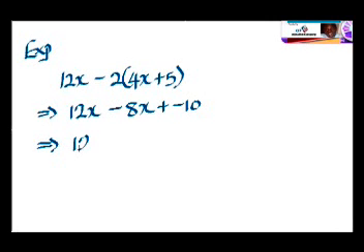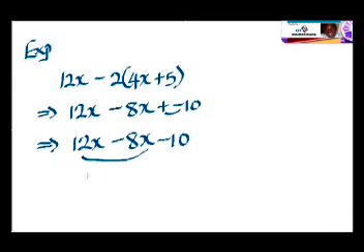We have 12x minus 8x. Now plus minus, two signs that you need to resolve. They don't go attached together. You don't always work with two signs that are attached together, so you have to resolve that, and it becomes minus plus is minus, so you have minus 10. Now I can pick up like terms. These two can actually work themselves out because they are the same terms.